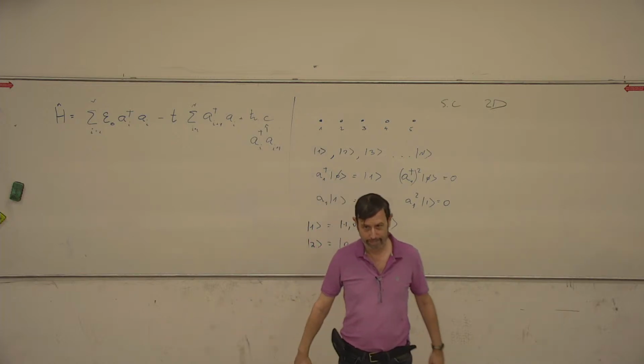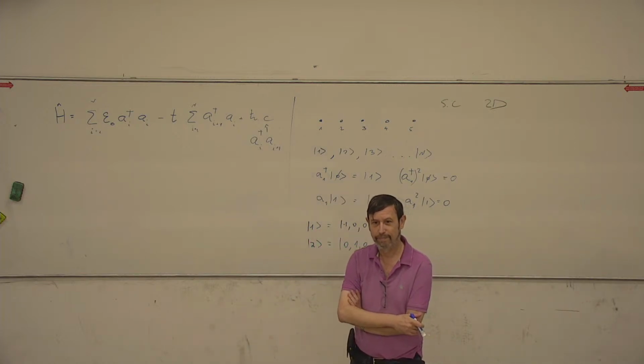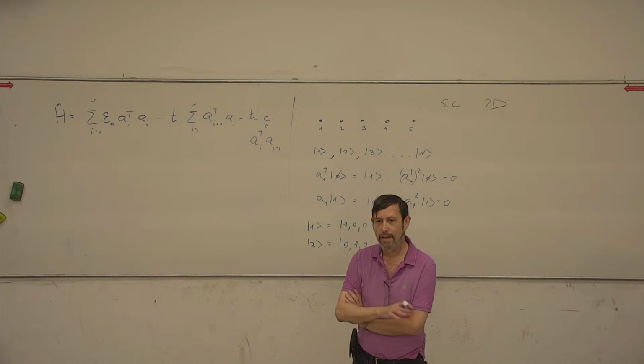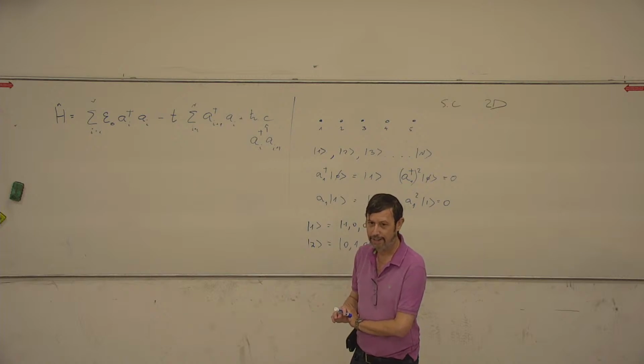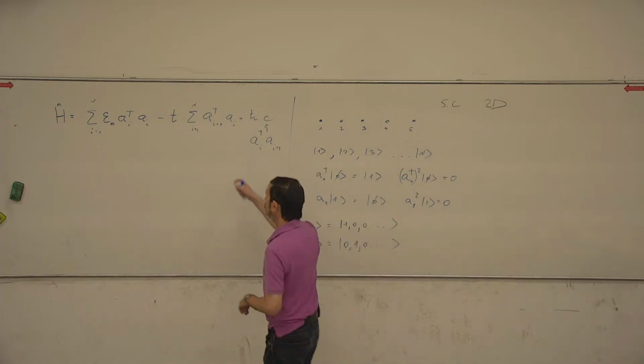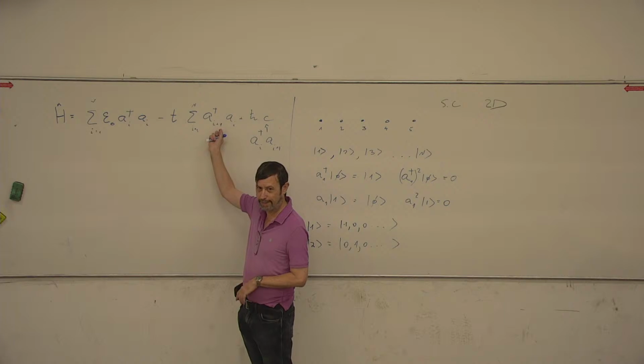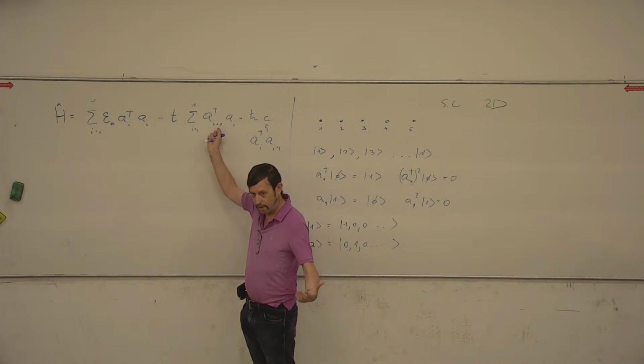Don't you sometimes want to determine the sign of t? Yes, but I don't want to go into that. I will show you in a moment that it's the same solution as for the tight binding solution.